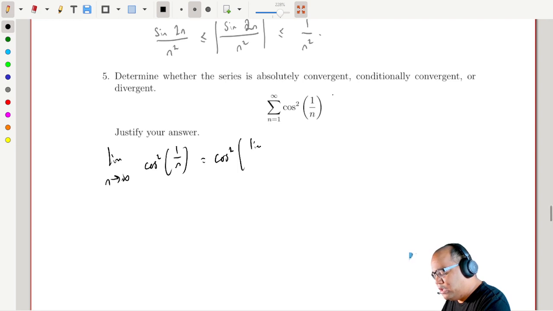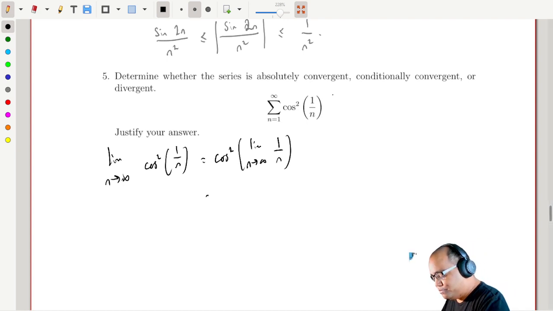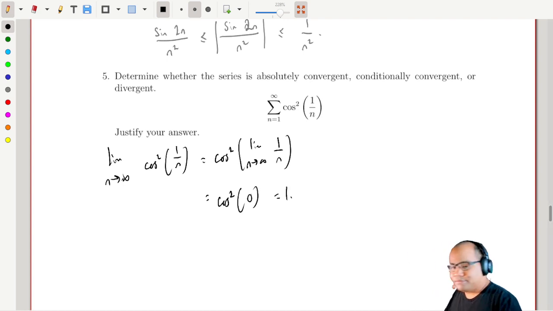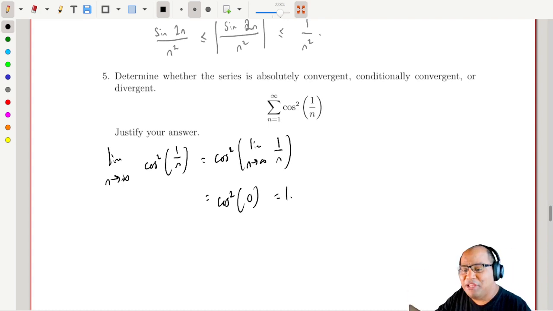So we have cosine squared of the limit as n goes to infinity of 1 over n. And certainly 1 over n goes to 0. So we have cosine squared of 0, which is 1. So my terms don't get small. They actually peter out at 1.